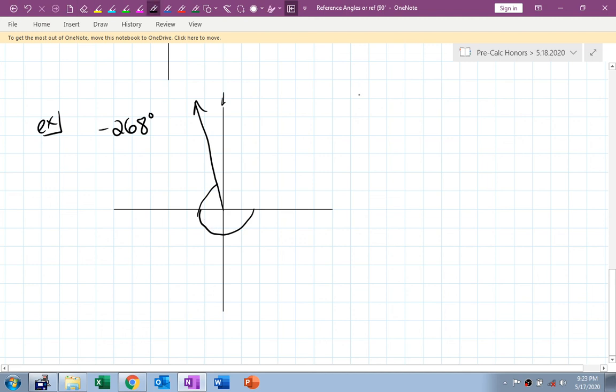Now if I want to know my reference angle, I first have to get this between 0 and 360, and it's not. So I find a coterminal angle by adding 360.